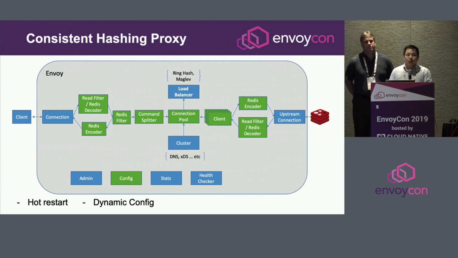So luckily, we have the out-of-the-box consistent hashing load balancer, which is the ring hash, the Ketama hashing algorithm that everyone is very familiar with as a consistent hashing ring, or the Maglev hashing. Because our nodes are just a flat list of nodes, we can use those out of the box.